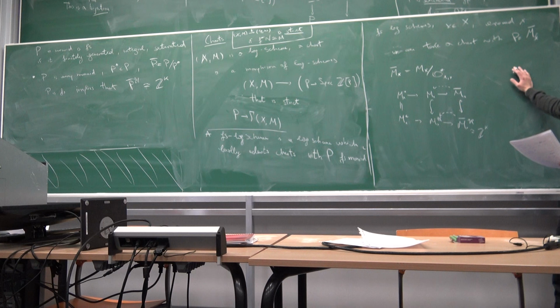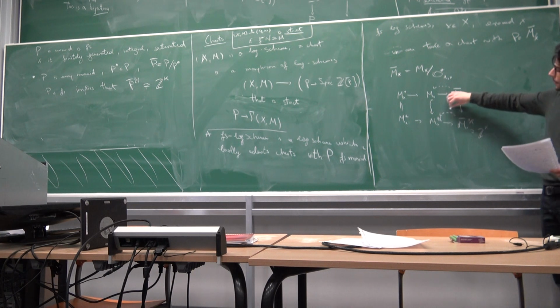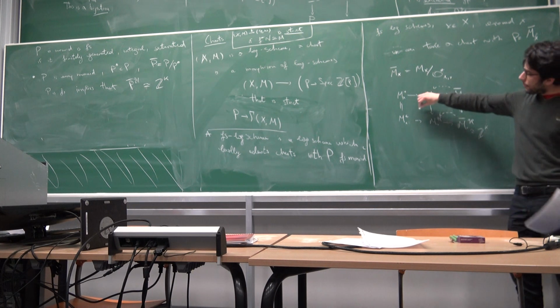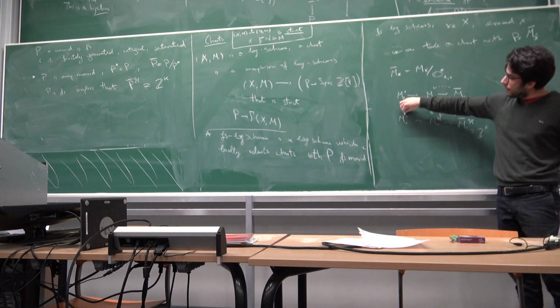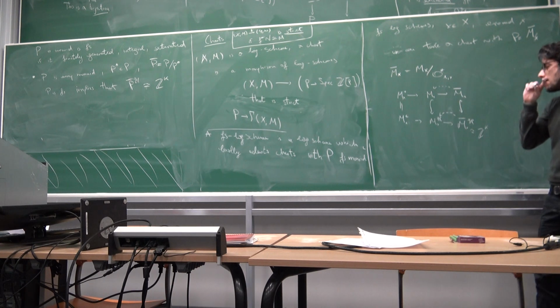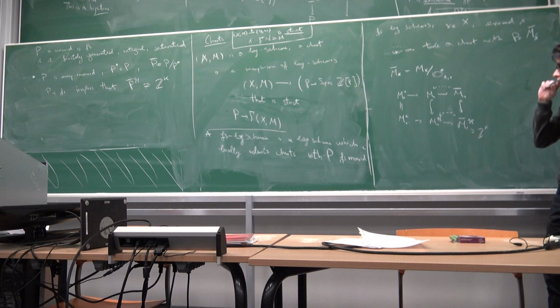But this should split this sequence, so it can't. If m is the natural numbers, and m bar is also the natural numbers, then, oh no, that doesn't work. Sorry.